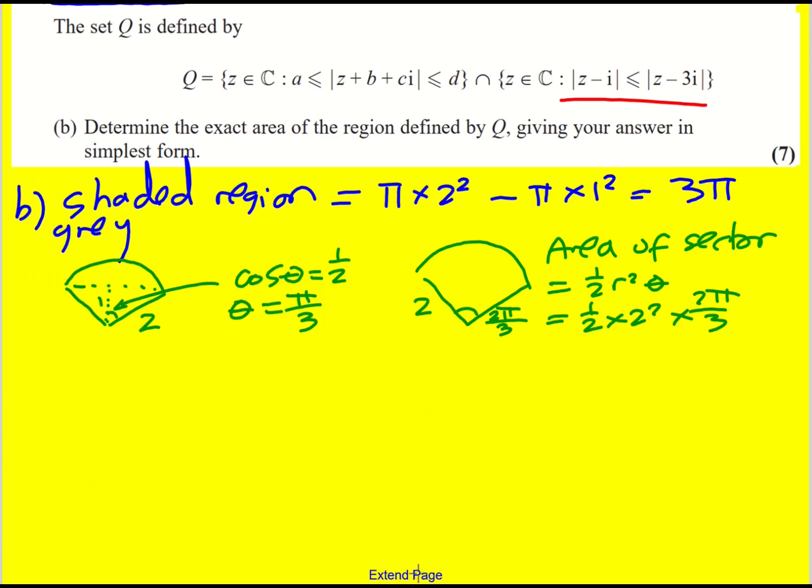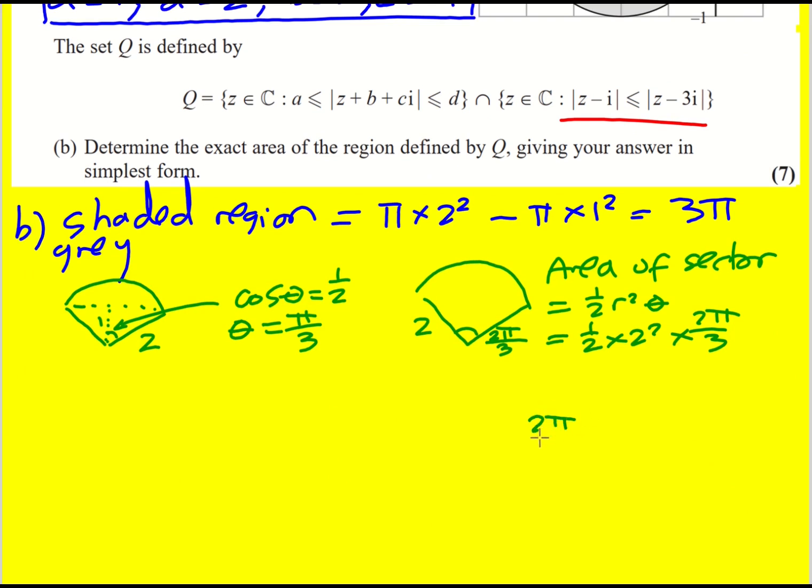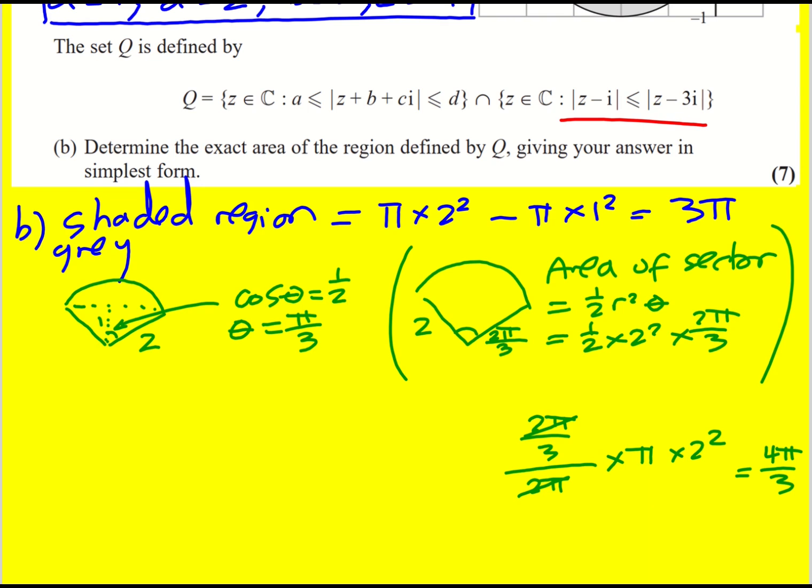If not, don't worry, because that formula just comes from doing 2 pi over 3 divided by 2 pi, the full amount around. That's the fraction of the circle that we have. And then we times by pi r squared, so pi times 2 squared. So you can see that these two cancel, and we're left with 4 pi over 3 in both cases. This is covered in the second year of A-level maths, so I probably shouldn't have mentioned it here. But you can just write it straight down with this nice formula. So anyway, we get 4 pi over 3 for the sector.